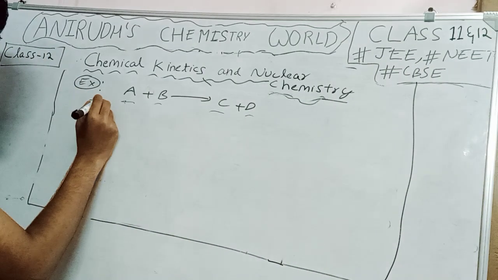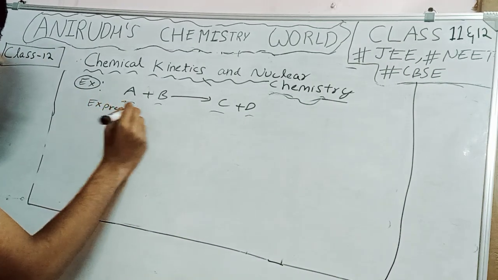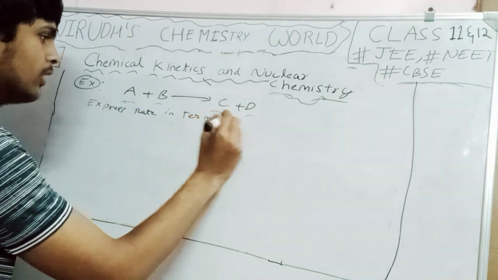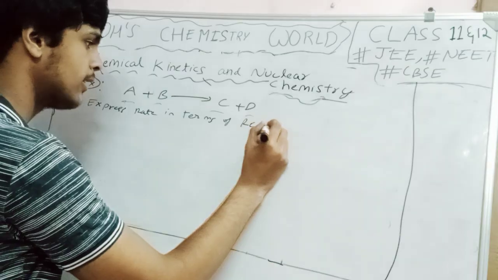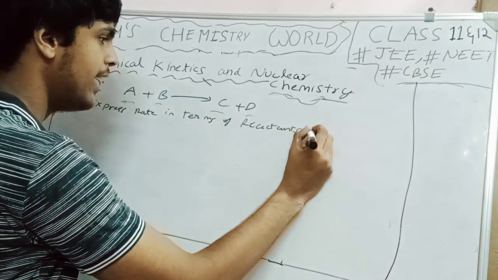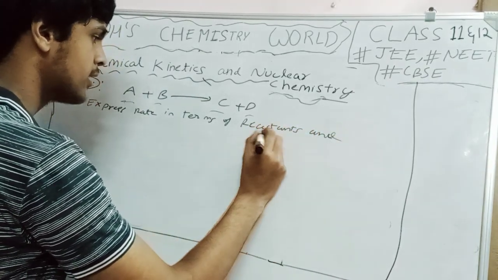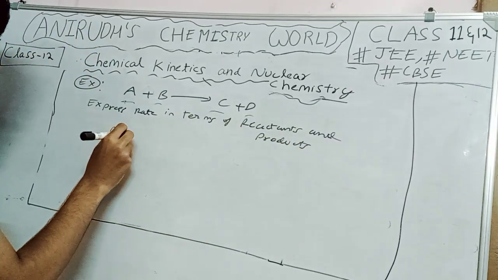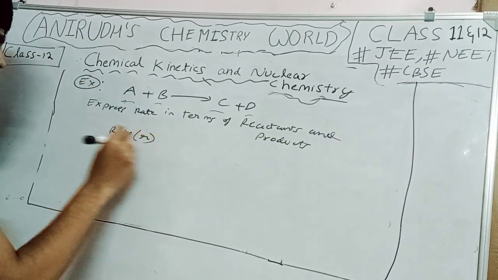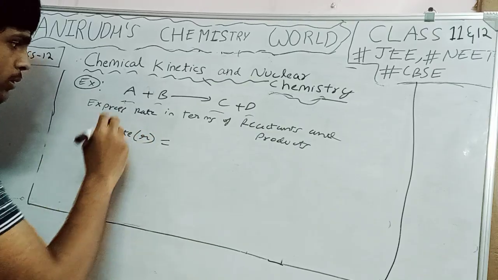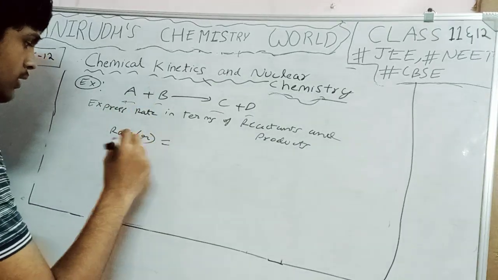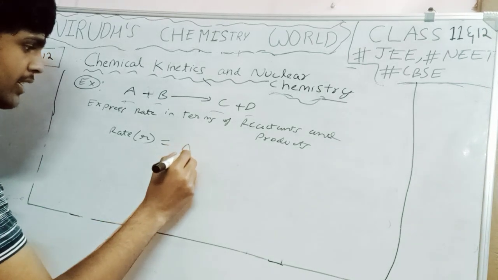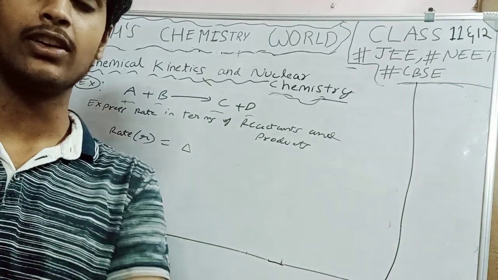So express rate in terms of reactants and products. So rate of reaction, you can represent it as R. Rate R is equals to decrease in the concentration. See, you remember one thing.